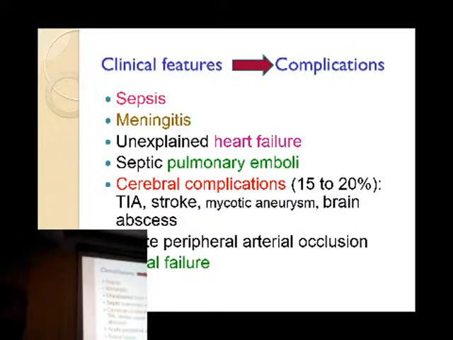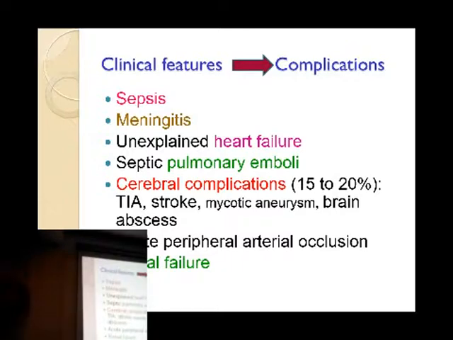The most serious and more commonly encountered complication is cerebral complications such as transient ischemic attacks, strokes, mycotic aneurysms resulting in bleeding in the brain, or formation of brain abscess resulting in weakness of one side of the body.